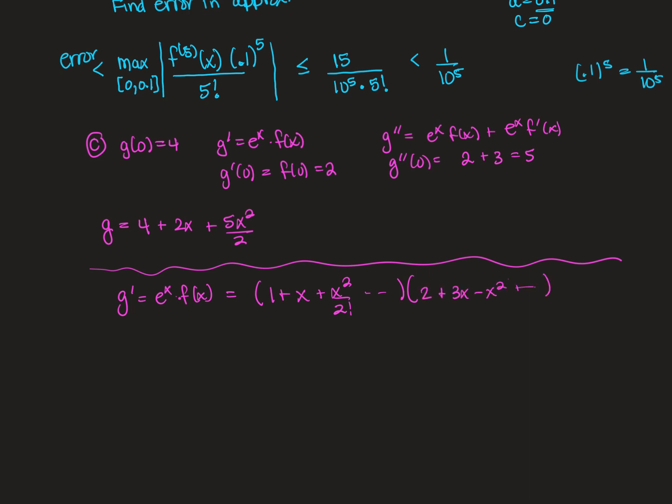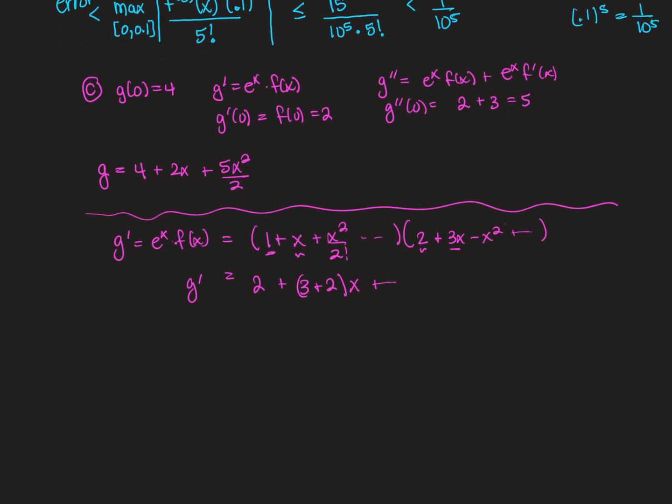So we're going to imagine multiplying these together. So our constant term, we'd have 2. Our linear term, we would have 3 plus, this one times this one, which would be 3. This one times this one, which would be 2. And then that's all the terms we need, because this is really g prime.